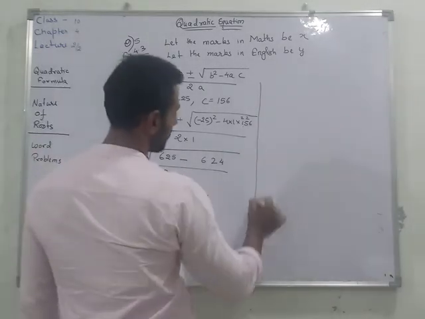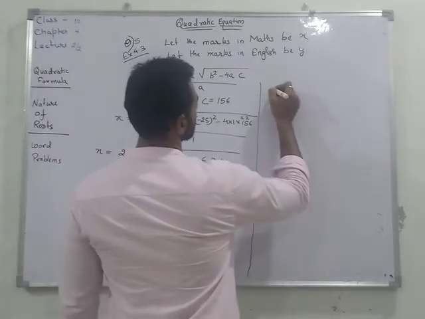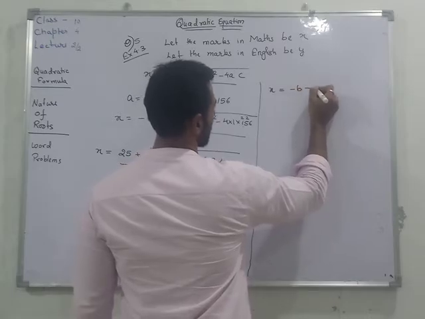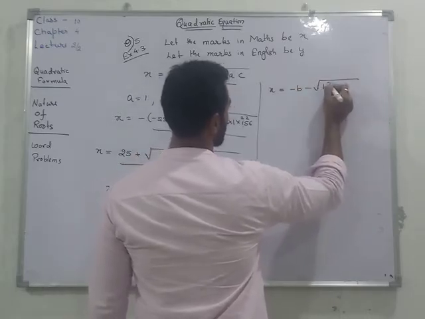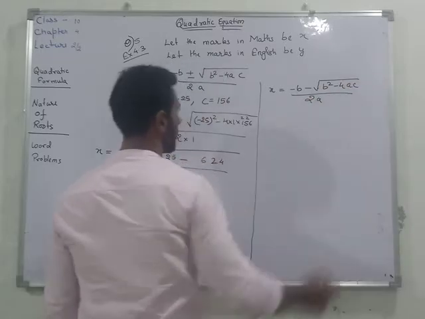Now let us see for the negative part. x is equal to minus b minus under root of b square minus 4ac by twice of a.